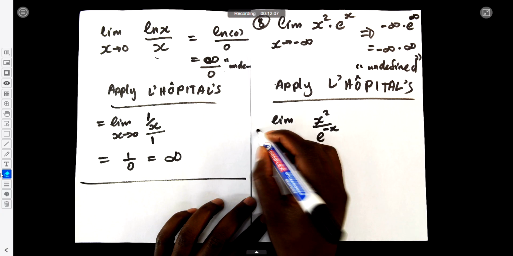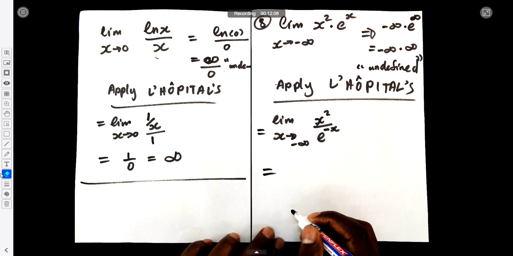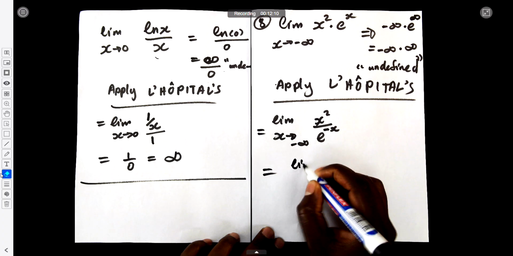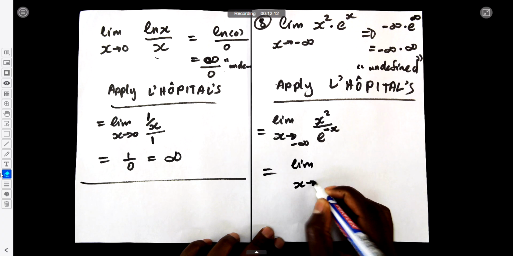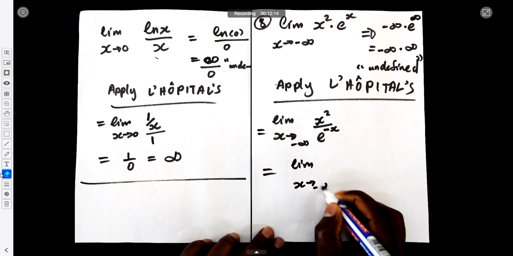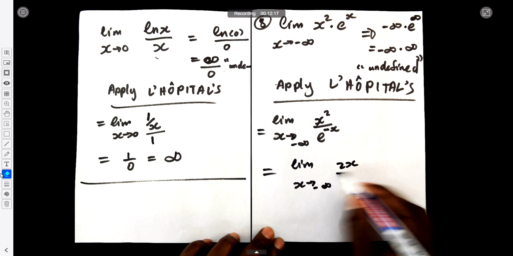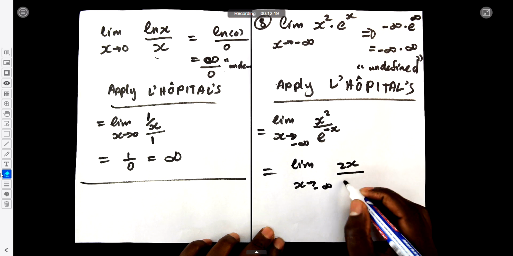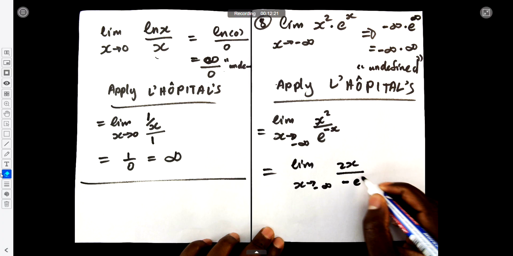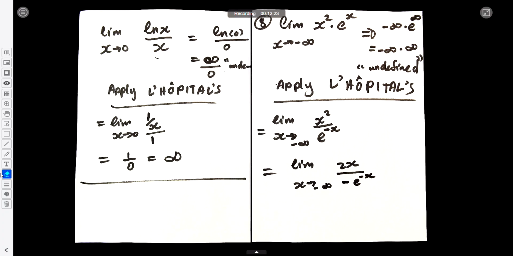So apply L'Hopital's rule, then it will be equal to the derivative of the numerator and denominator. So we'll have 2x, all divided by negative e to the power of negative x.